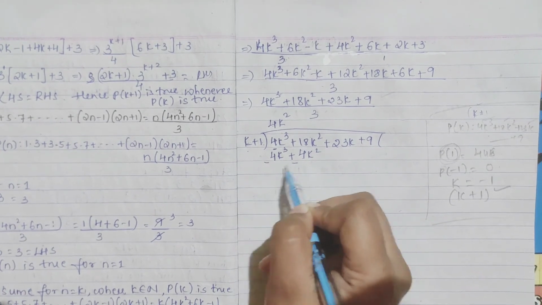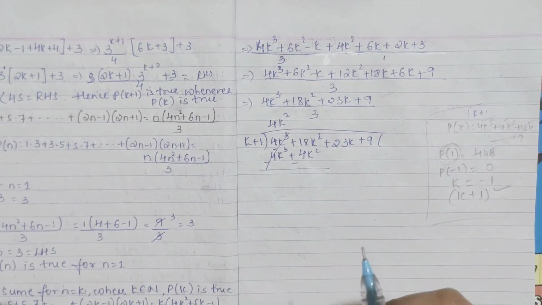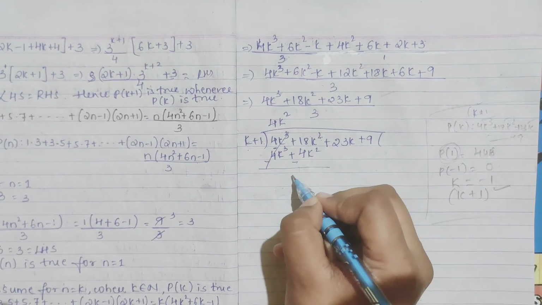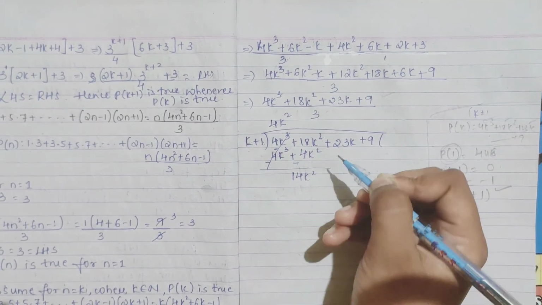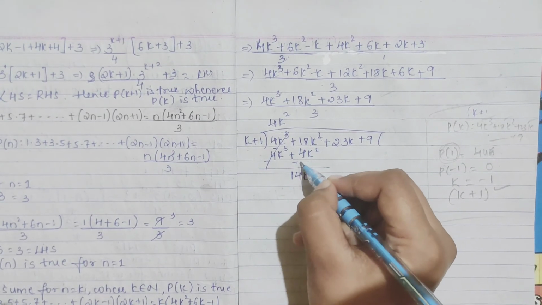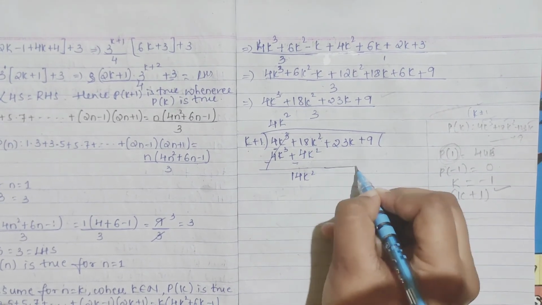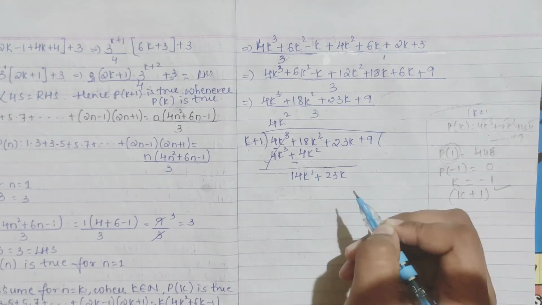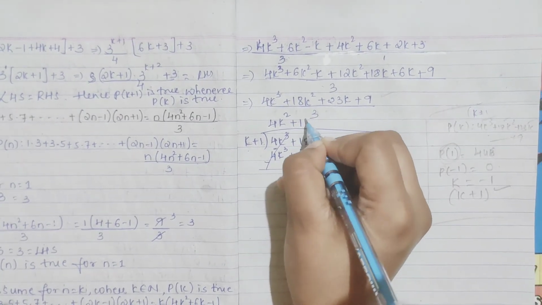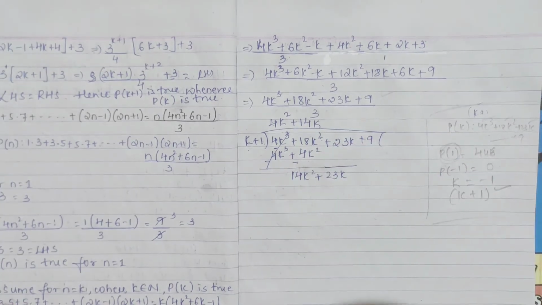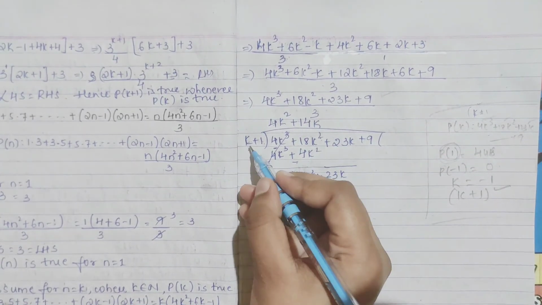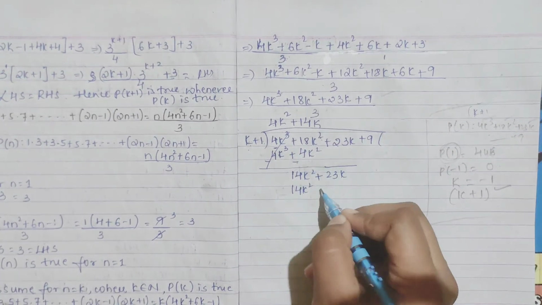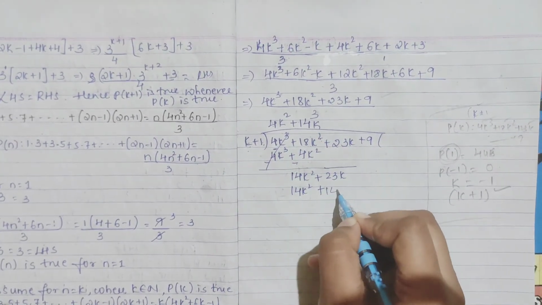Now changing the sign, this cancels and you are left with 18k square minus 4k square, so you will have 14k square, right? Then plus 23k. Now again here you have 14k square, so I should multiply by 14k. 14k into k becomes 14k square, plus 14k into 1 is 14k.